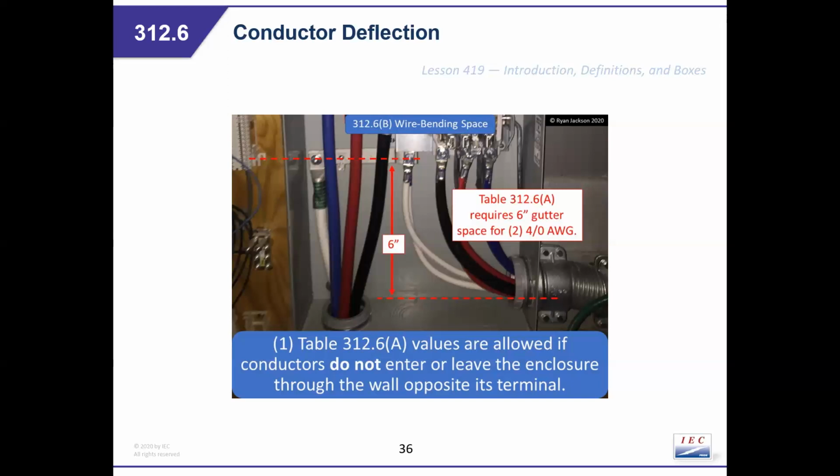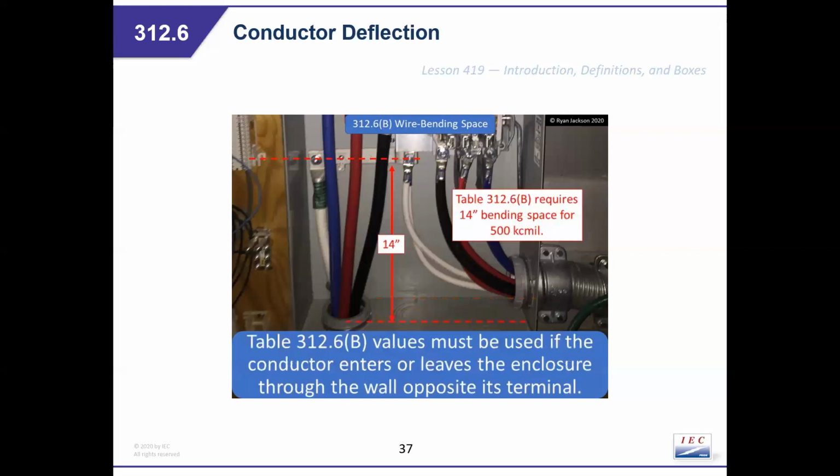So its terminals would be this right here. Okay, that's its terminals. That'd be opposite. So that's the 312.6a. Now, table 312.6b values must be used if the conductor enters or leaves through the opposite wall. So through the opposite wall here, that's where that 14 inches comes from.